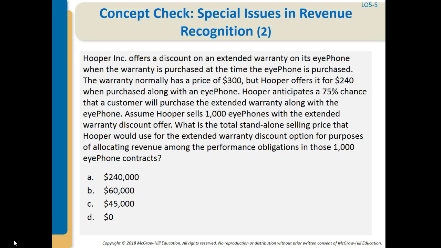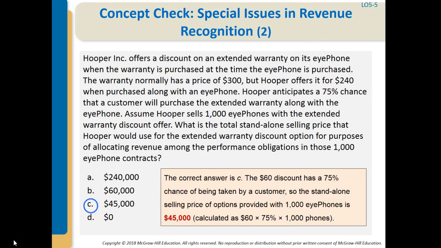Hooper anticipates a 75% chance that a customer will purchase the extended warranty along with the iPhone. Assume Hooper sells 1,000 iPhones with the extended warranty discount offer. What is the total standalone selling price that Hooper would use for the extended warranty discount option for purposes of allocating revenue among the performance obligations of those 1,000 iPhone contracts?